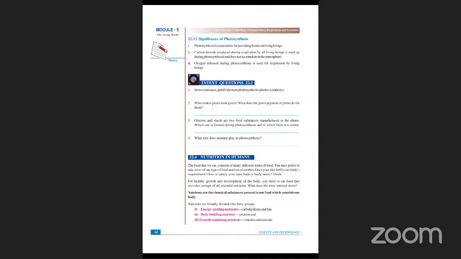Even if carbon dioxide increases by 0.01%, then you know what happens. Global warming will occur. The temperature of the earth will increase, because carbon dioxide, as we will learn in the coming chapter, will make a covering around the earth. Normally, the sunlight which comes from the sun hits the earth, reflects back, and goes back into space.